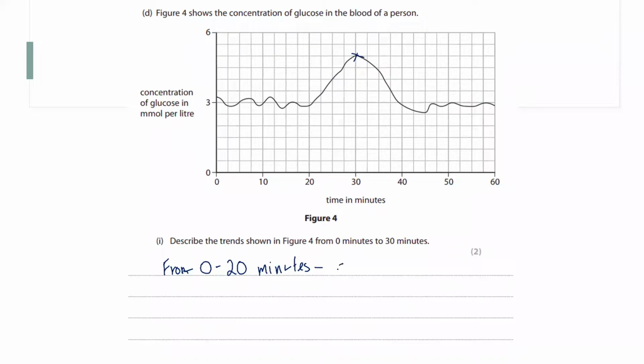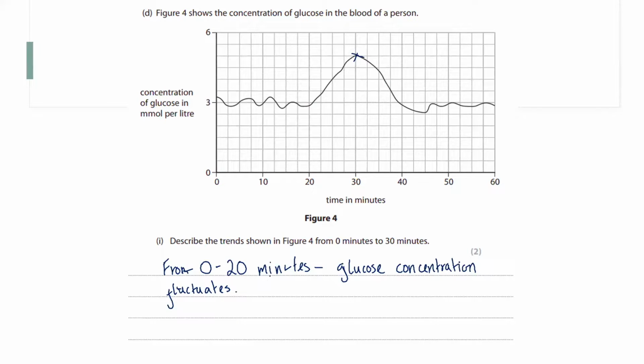So glucose concentration fluctuates, which means it goes up and down.